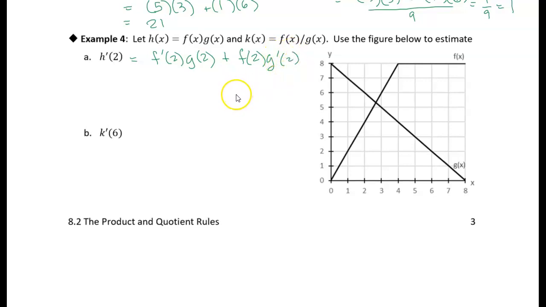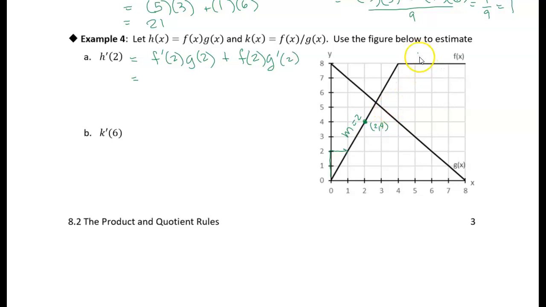Okay. Now, we just need to figure out what those values are, and we can use the graph to figure that out. So we can see that at 2, we have this point right here on f of x. So that's 2 comma 4, right? You can also see the slope of this function here. If we go rise over run, it's up 2 and over 1, so it looks like the slope is equal to 2.